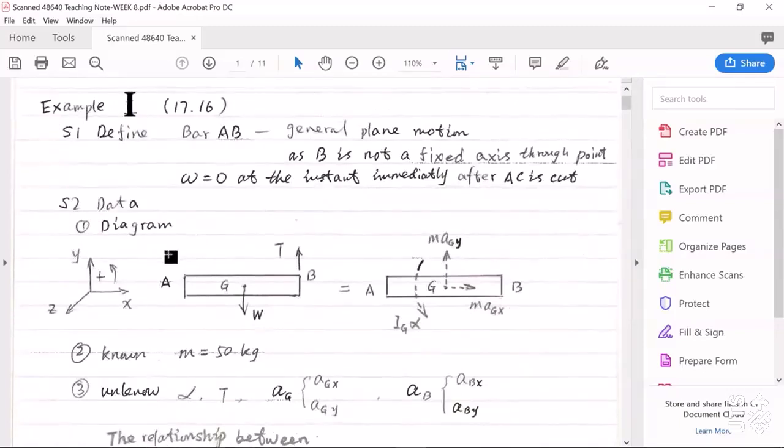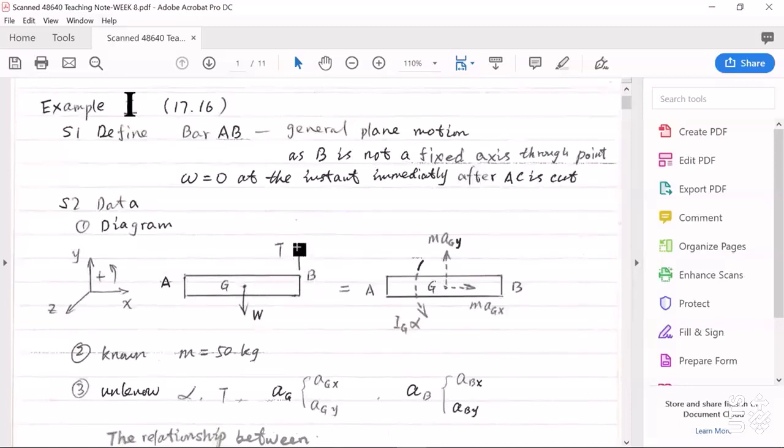Now, diagram. We will use an XY coordinate system. In this free body diagram, you can see we only have two external forces. One is weight force W, acting at point G, the mass center point.